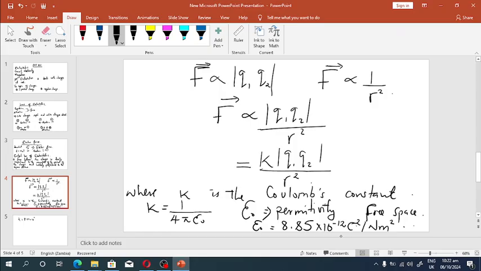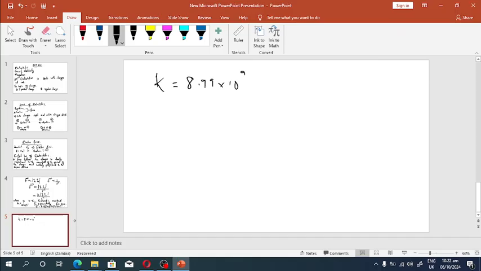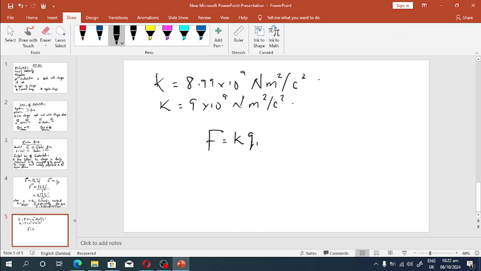Let me just erase that. So the value for K is simply the reciprocal, and so it's going to be Newton meter squared per Coulomb squared. At times we'll simply say K is equal to 9 times 10 to the power 9 Newton meter squared per Coulomb squared. So the force is simply equal to K Q1 Q2 magnitude over the square distance. And in summary, this is Coulomb's law.